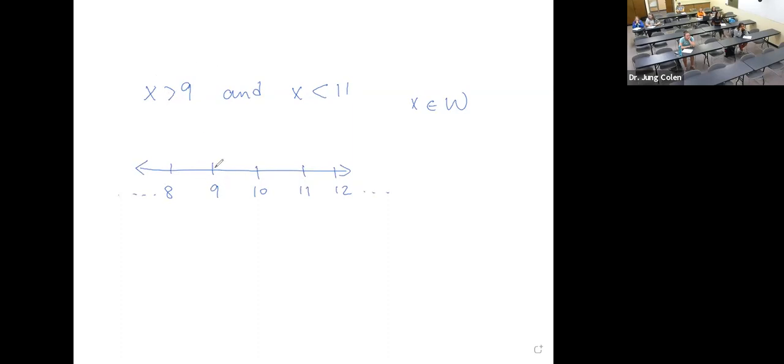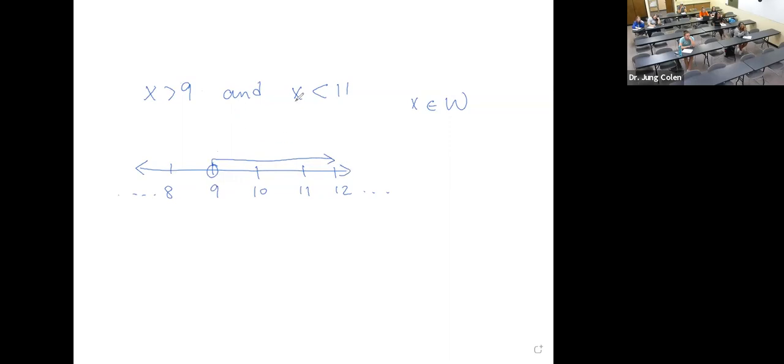Is 9 included or not? Not. So do we open it or close it? We open it because it's not included. It says x is greater, so those numbers like 10, 11, 12, on the right hand side, only the whole numbers.